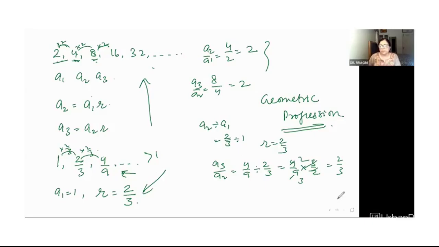So the concept behind it, let me summarize this. In an AP, the nth term can be obtained by the formula an = a1 + (n minus 1) times d. That means you keep on adding the fixed number, the common difference d, to get the nth term.